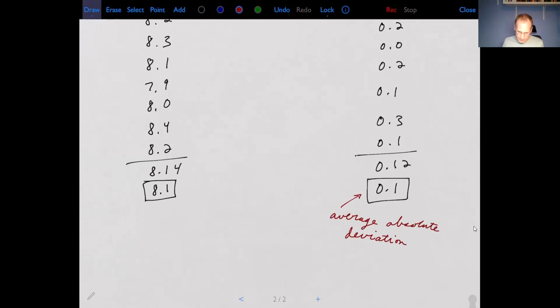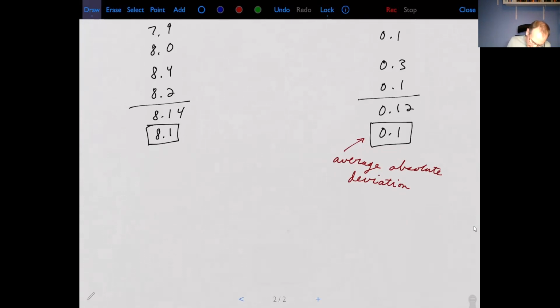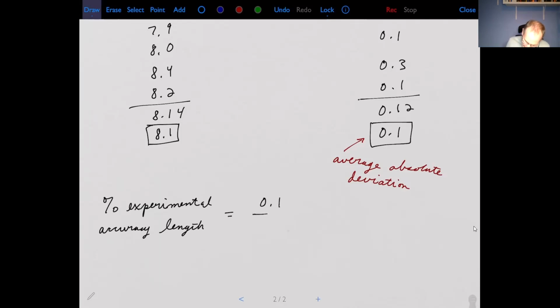All right, so we're almost there. Remember, our goal is to compute the percent experimental accuracy, which is a measure of the precision, right, of the variability. So last step. To actually calculate the percent experimental accuracy for length in this case, I take my average absolute deviation, which is 0.1, and divide by my average length, so 8.1, and then multiply by 100 to make it a percent.